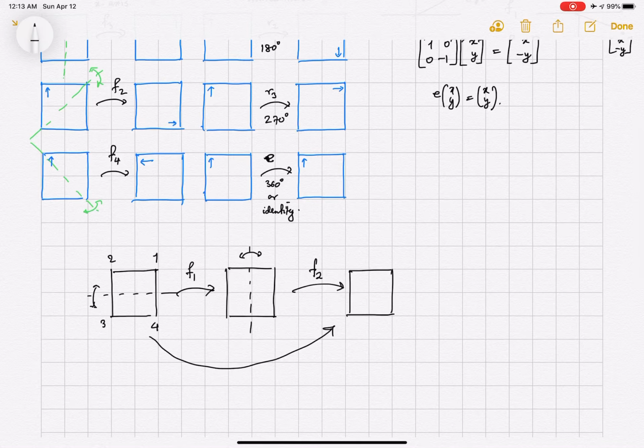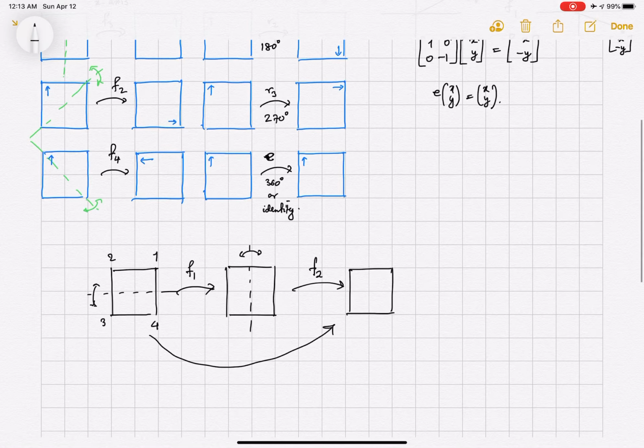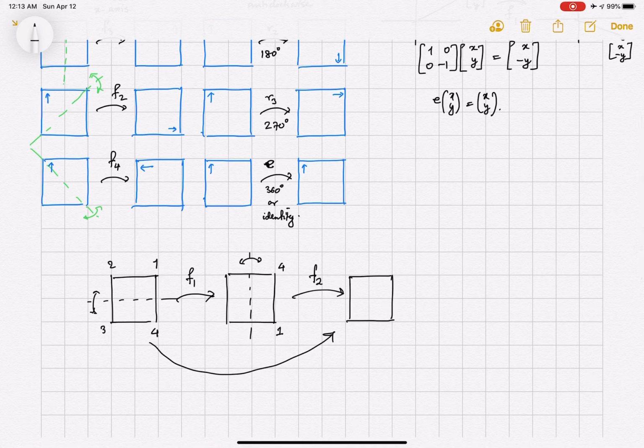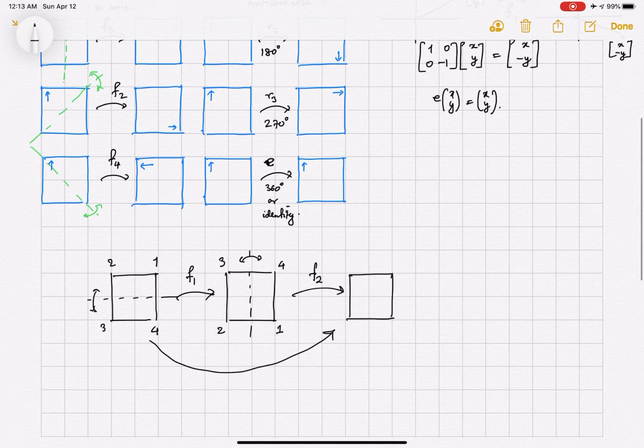Let's label the corners 1, 2, 3, 4. After you apply this flip F1, what happens? The vertex 1 goes down here, the vertex 4 goes up, and same with 2 and 3, they get flipped over. 3, 2. And then when you flip across the y-axis, the 1 and 2 get flipped, and the 3 and 4 get flipped. So now let's see what happened as you went all the way.